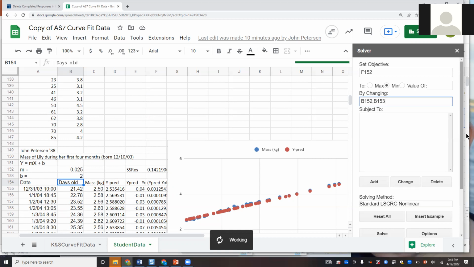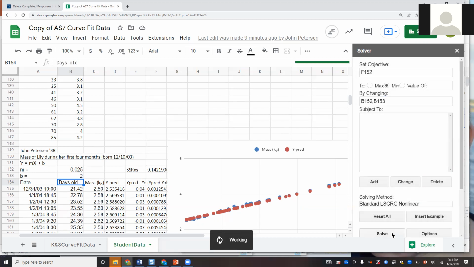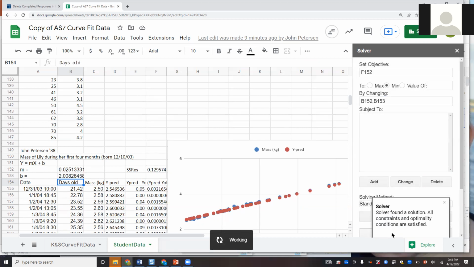I didn't tell it to solve, but it seems to have already wanted to start doing that. There are some different algorithms you could use, but you're just going to click Solve. Then it's going to go out there and try to make F152 as small as it can by messing with those two numbers.